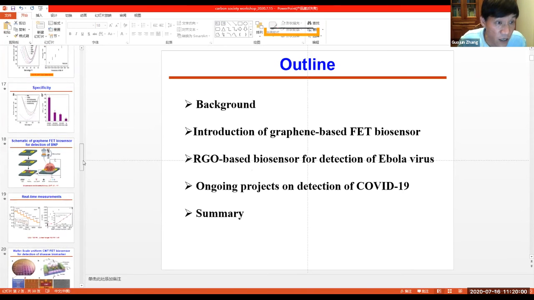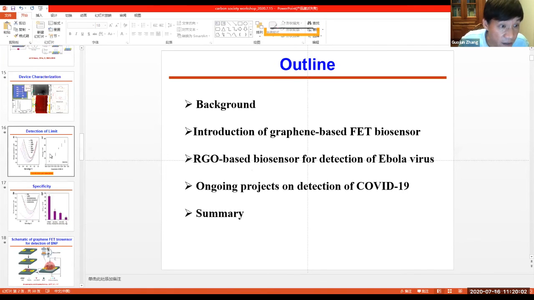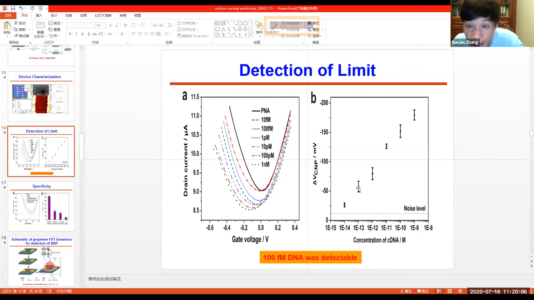Okay, I show you one slide. You can see the change of Dirac point from minus 50 to minus 200. So this means we think the signal is good enough for the detection of virus.